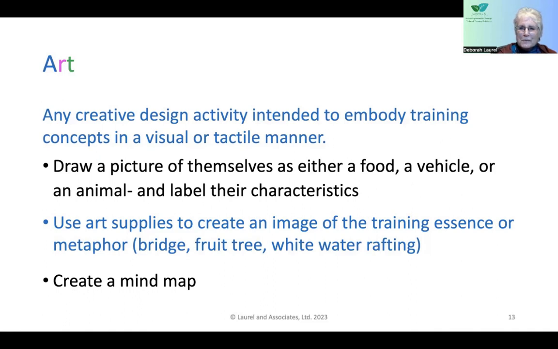And you can also get miniature flowers and fruits and berries, and you could have them put them on the tree. And as they're doing it, talk about how we need to nurture employees and they need to be tended and listened to and given feedback, just as they need rain and sun and tilling the soil.